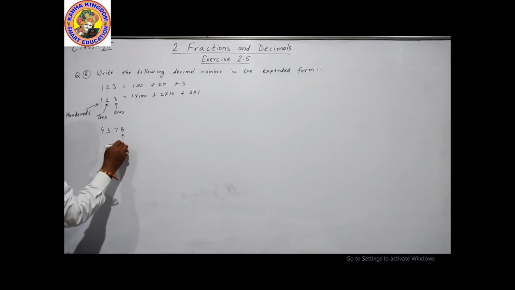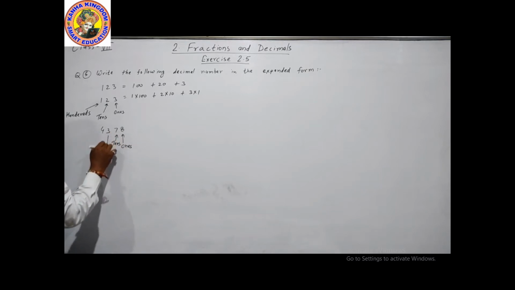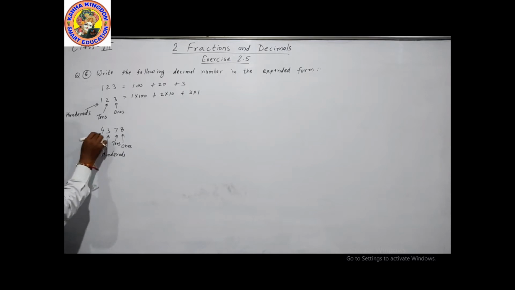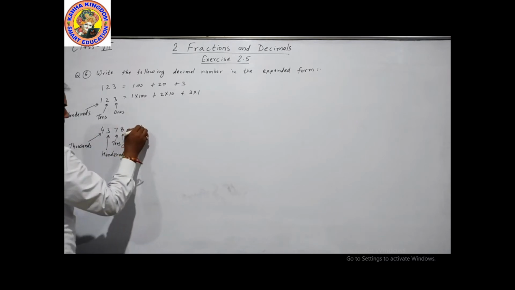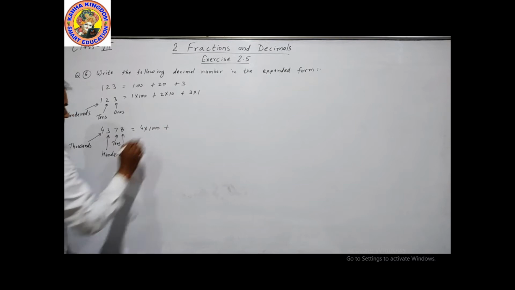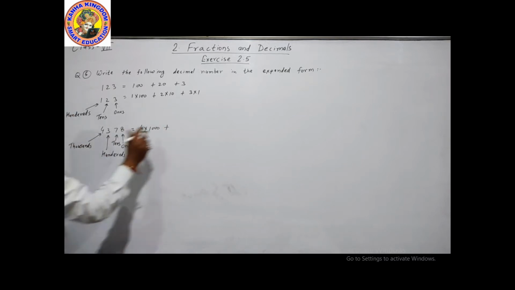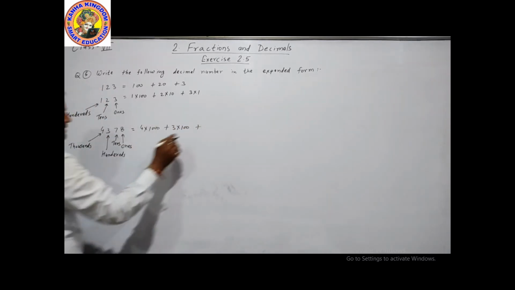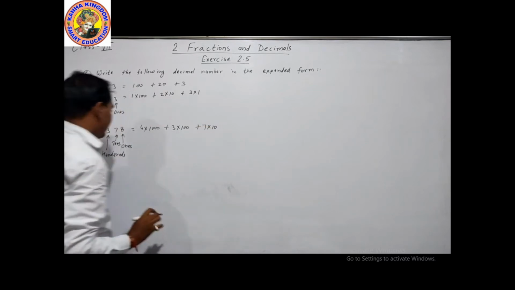Here this is our ones, tens, hundreds and thousands. So these are the multipliers: 4 into 1000, then plus 3 into 100, then plus 7 into 10.